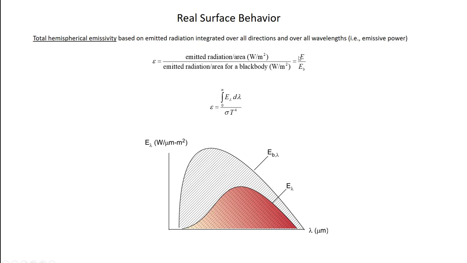So basically this top quantity is the integral of the actual spectral emissive power, and this bottom is sigma T to the fourth, the integral of the black body spectral emissive power, right? That's what this equation here says. You can calculate the total hemispherical emissivity if you're given the hemispherical emissivity.